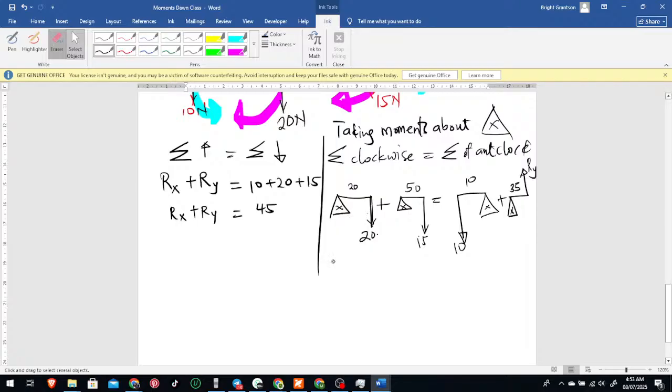So 20 times 20 times 20 plus 50 times 15 plus 10 times 10 plus 35 R1. You just make R1 the subject.